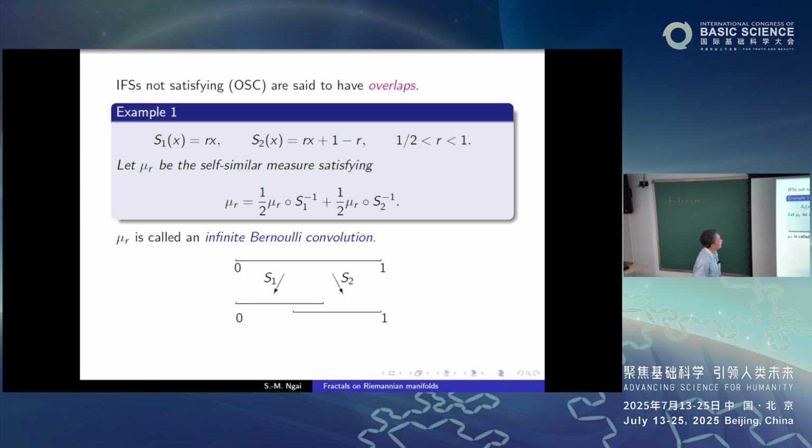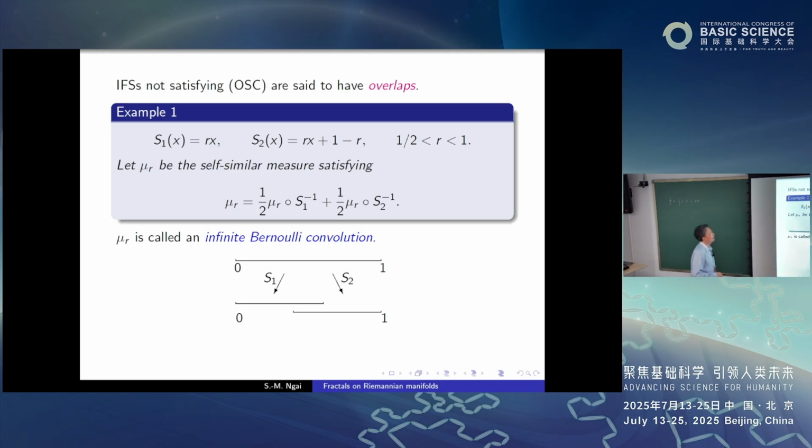By the general theory, this iterated function system, along with any set of probability weights, will generate a measure. So take the simplest probability weights, 1/2, 1/2. The self-similar measure generated satisfies this identity, which just reflects the way that you distribute the weights 1/2, 1/2.